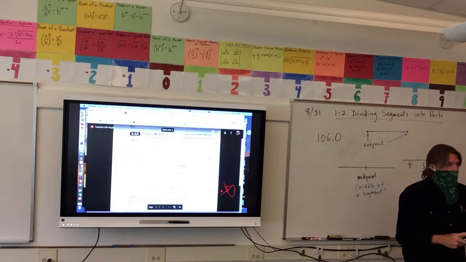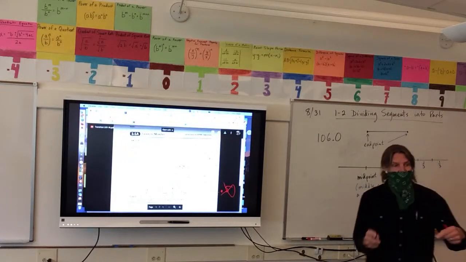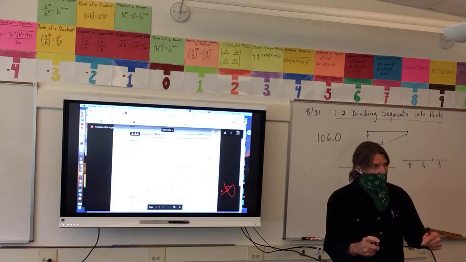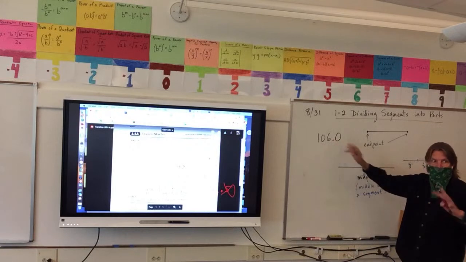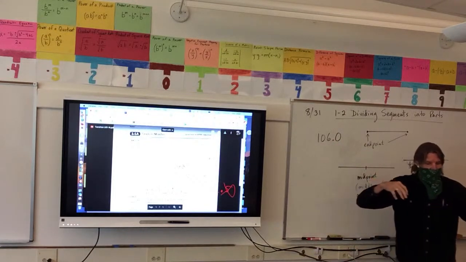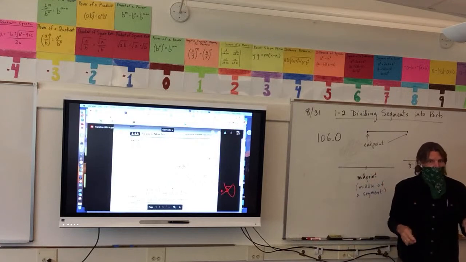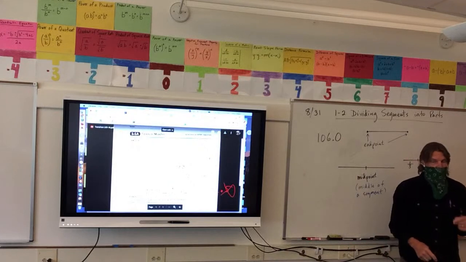And what that has to do with is measurement. So if we're measuring to the nearest tenth of an inch, and we measure something that is 106 and no tenths, to reinforce the idea that we did actually look to see if there was a tenth present, then we would put the 0 there.